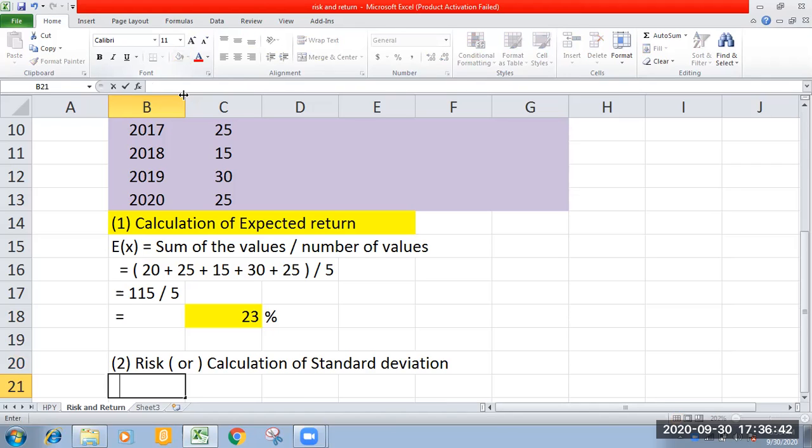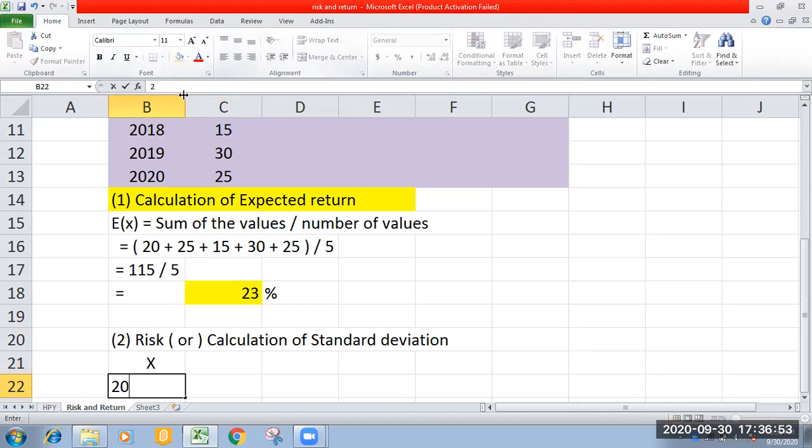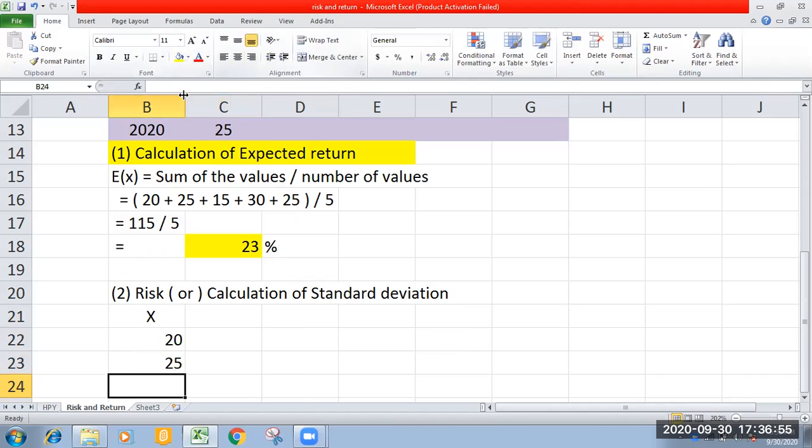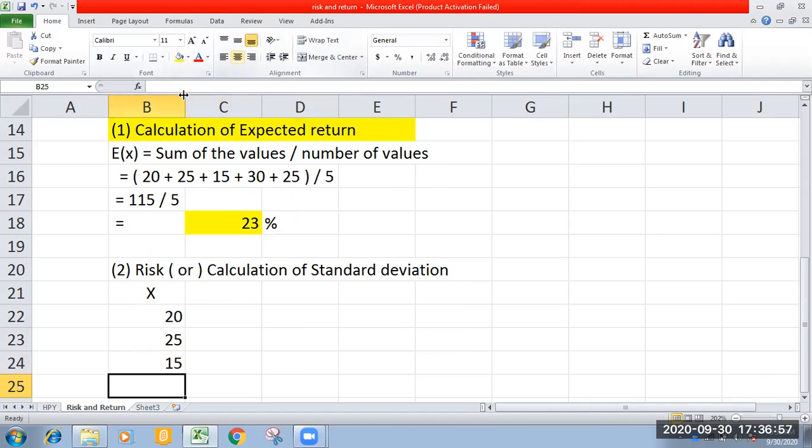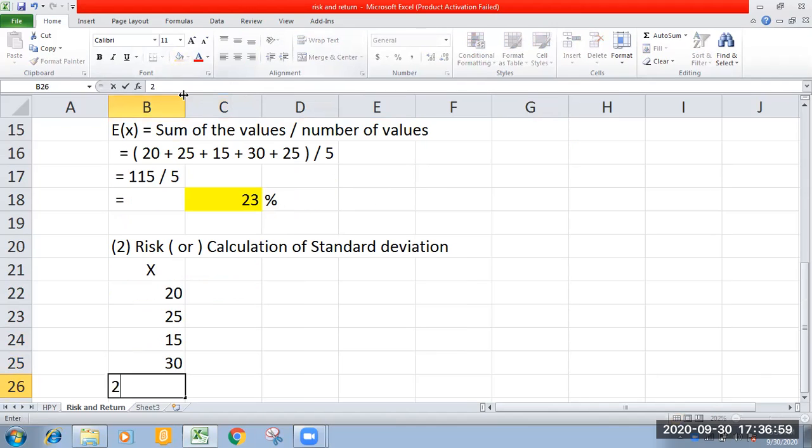For this, let me take X representing the given returns, such that the returns 20, 25, 15, 30 and 25 are taken in one column representing X.